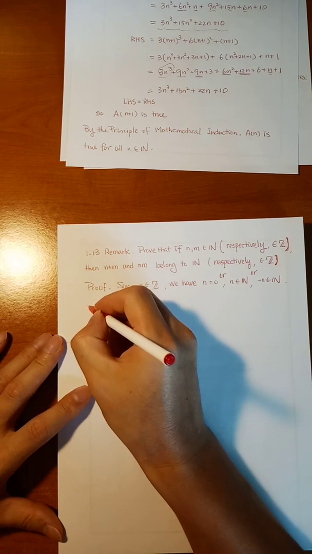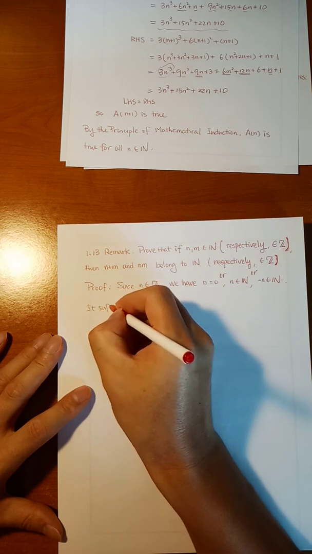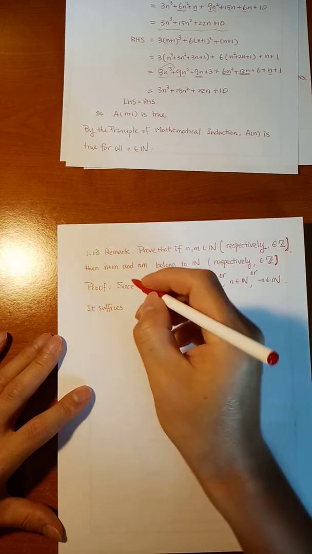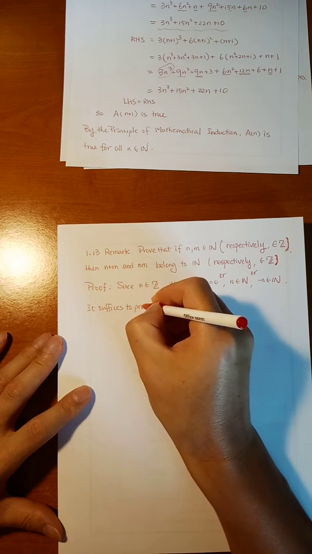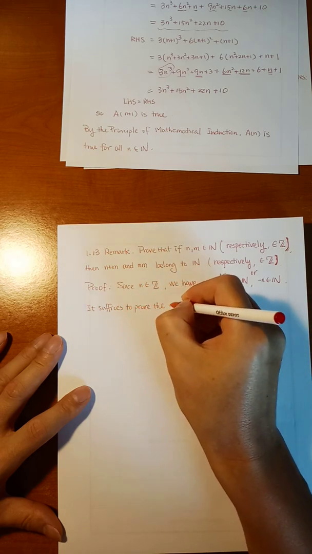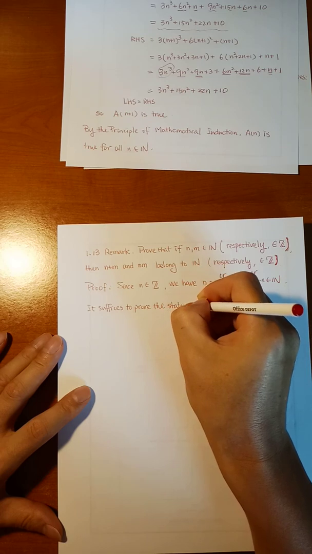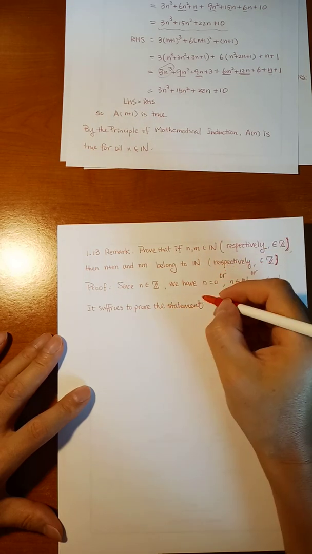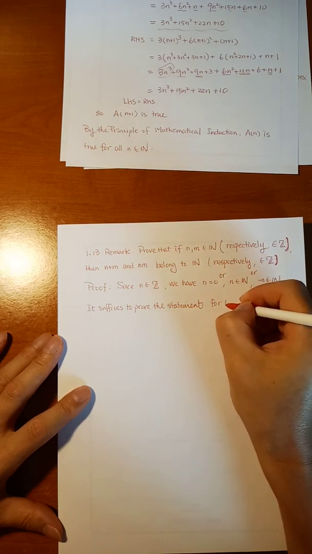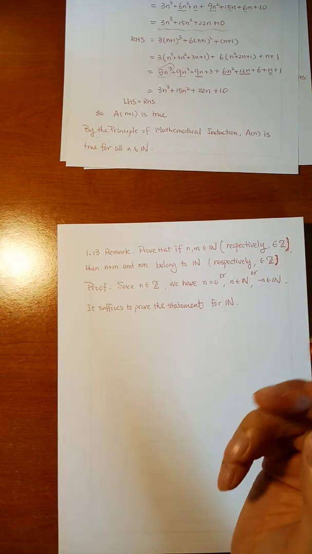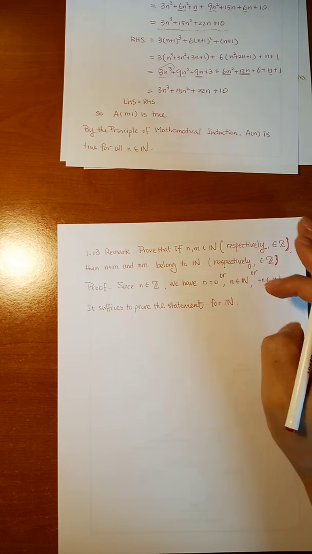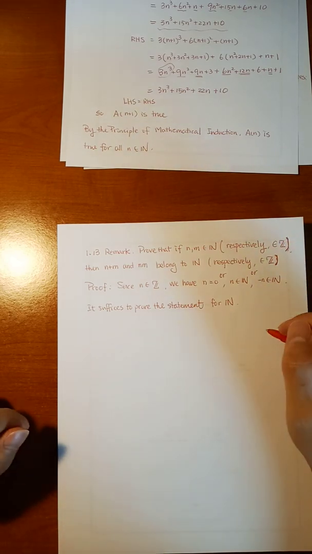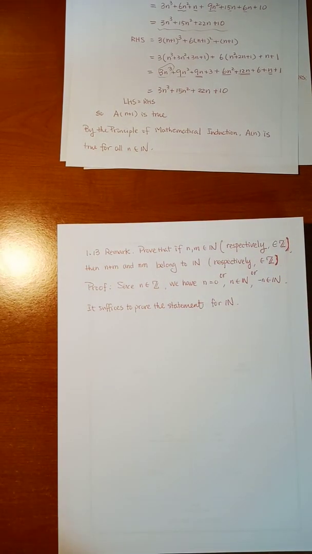So it suffices to prove the statement for the set of natural numbers only. If we can prove it for the natural numbers, then by this classification of integers, we can directly get it.